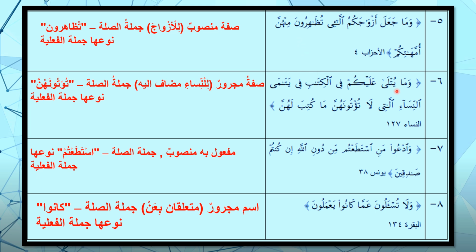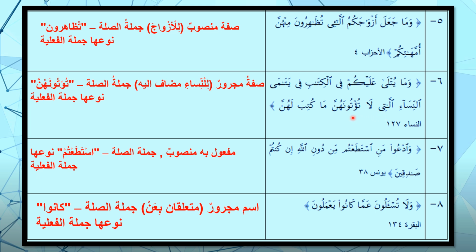So now let's see the next one. Wama yutla alaykum. Yutla, tala, to be recited, to be made known. Wama yutla alaykum fil kitabi fi yatama nisa'i allati. So you can see allati, different types have been used, but the meaning is the same.